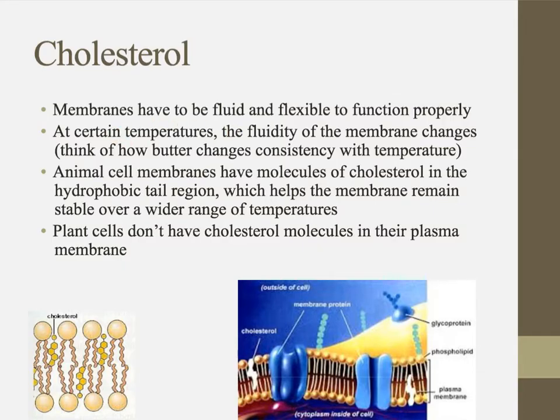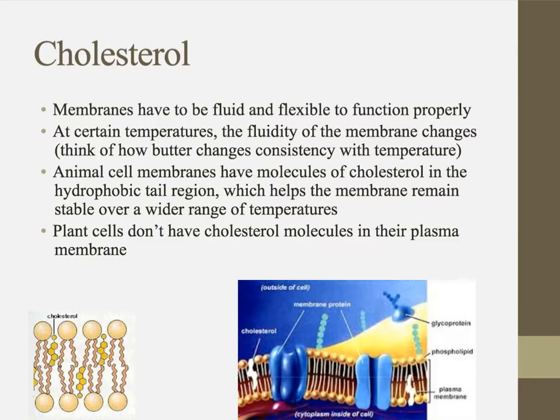Okay, now, since the membrane is made up of lipids, we can assume that these lipids act similar to the way other lipids act when you expose them to a variety of temperatures. Well, ain't no one got time for all those crazy changes. So animal cells have adapted the ability to insert cholesterol molecules into this hydrophobic region of the cell membrane.